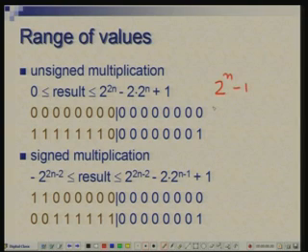So, this is the largest unsigned value you have, and square of that is this. So, this is the largest result you can get.